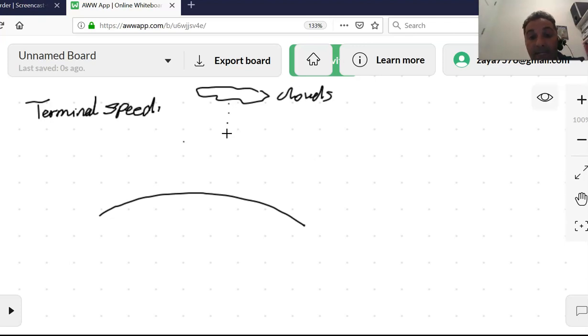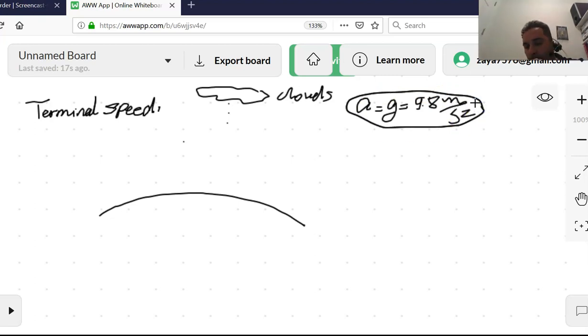So speed increases because free fall is free fall. Free fall is motion with acceleration, and the acceleration of falling, as you know, in free fall is g, which is 9.8 meters per second squared.